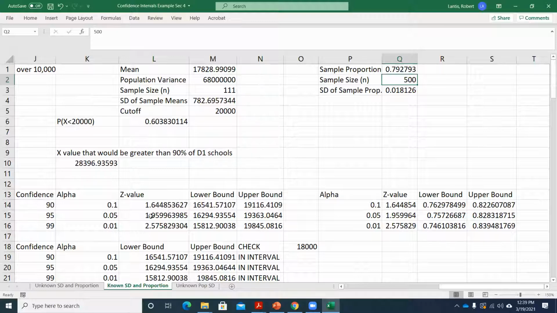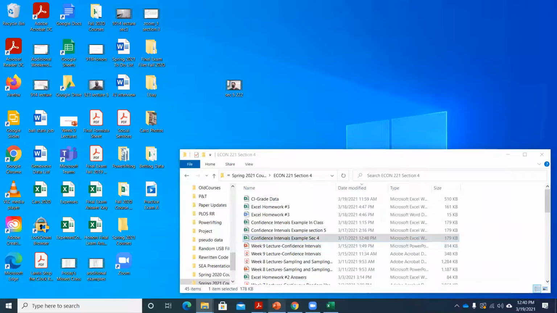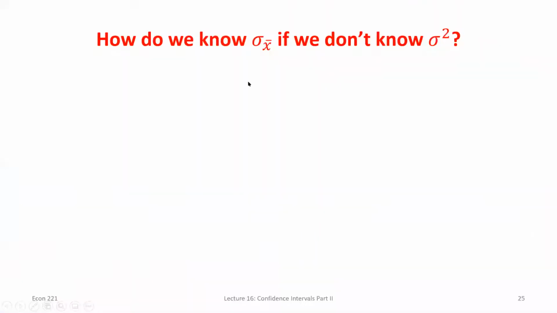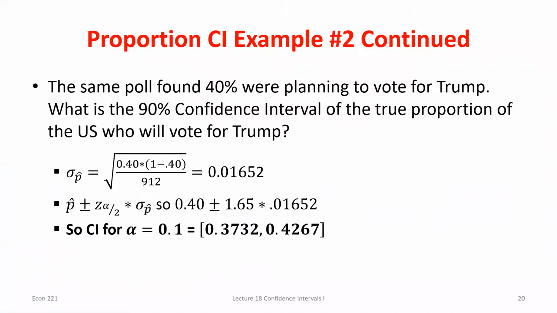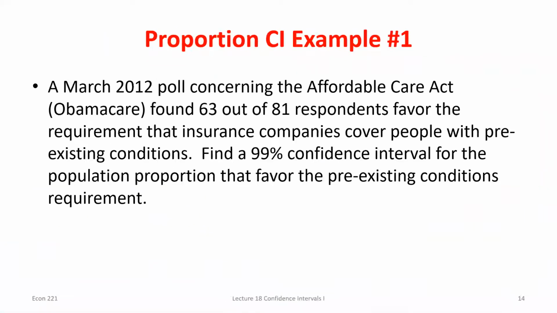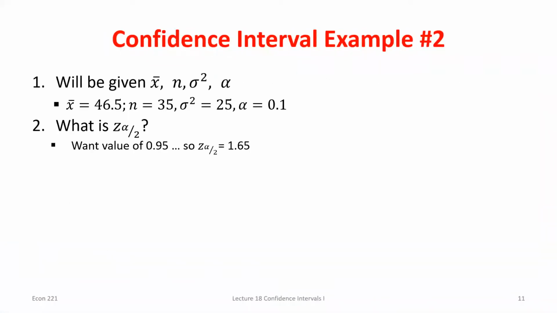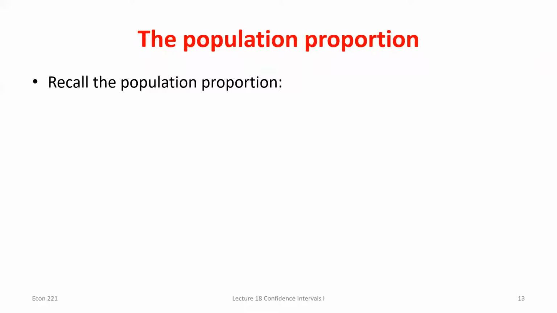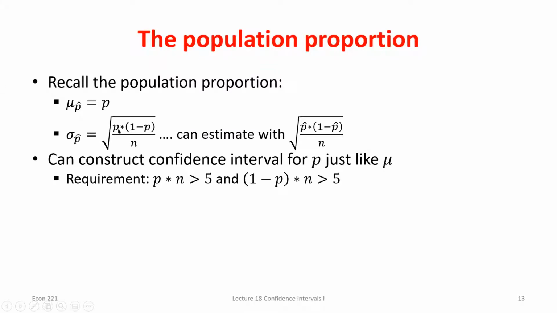Because next week, what we're going to do is cover situations where we don't know the population variance. So all these examples should seem a little weird, right? When we talked about the proportion, we said, technically, when we calculate the standard deviation of our sample proportions, we should be using the population proportion.